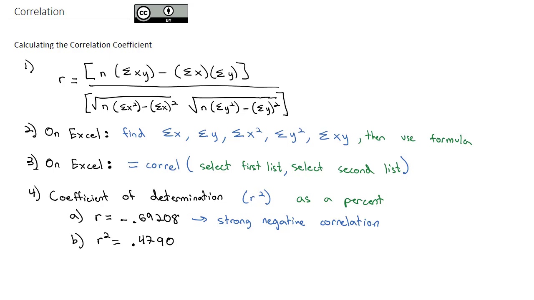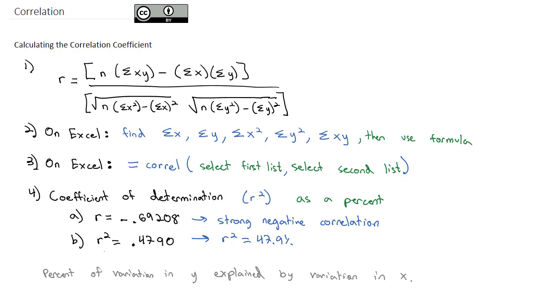And this coefficient of determination is going to measure the percent of variation in y explained by the variation in x. In other words, for our problem, we found out r squared was 47.9%, expressed as a percent.